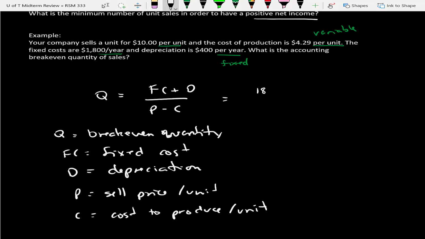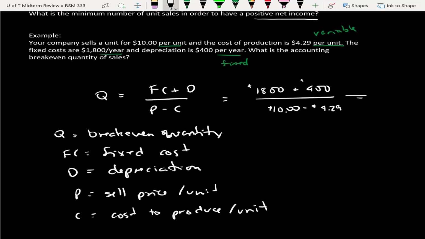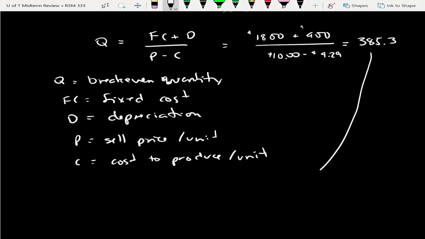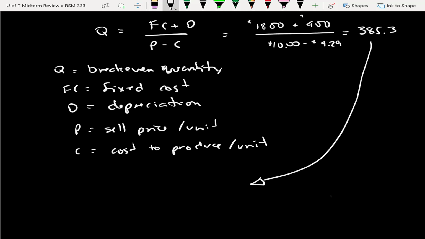Fixed costs are $1,800. Depreciation is $400. The selling price is $10. And the unit cost is $4.29. Okay, so we work out to a total of 385.3. That is the break-even, but that's not how you would state it.